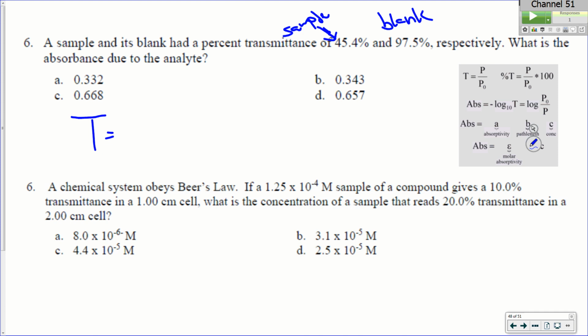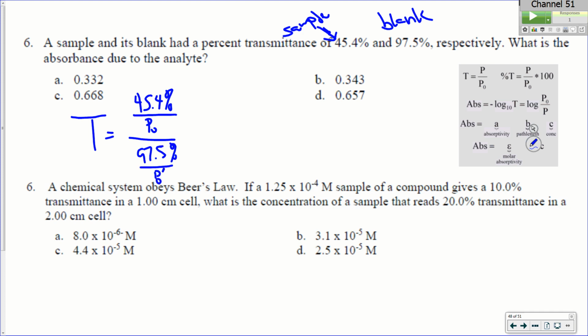So it would be 45.4% transmittance divided by P naught, and 97.5% divided by P naught.